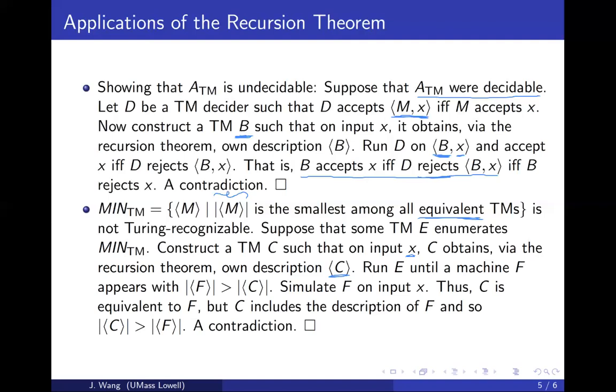Then this C simply simulates the enumerator E until a machine F appears whose description length is greater than the length of the description of C. This F exists because this is an infinite set.